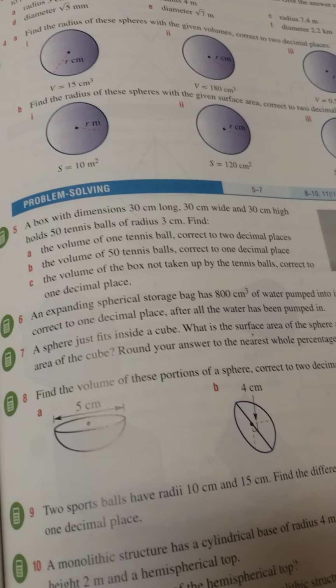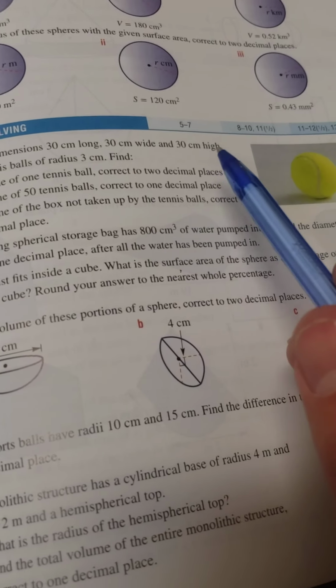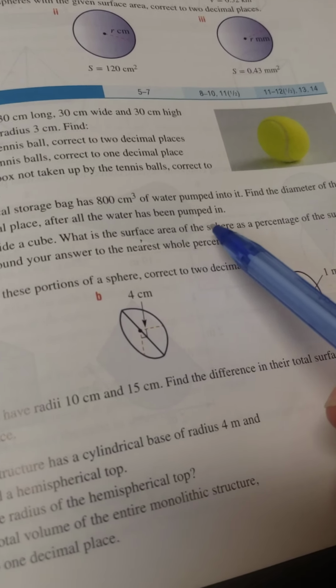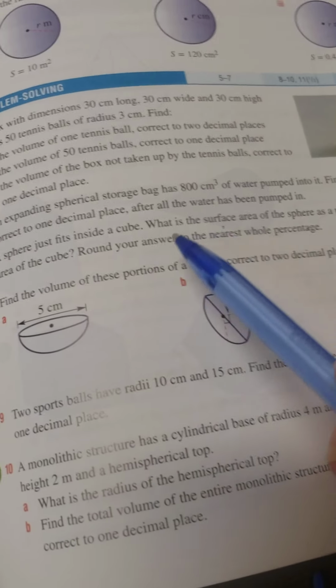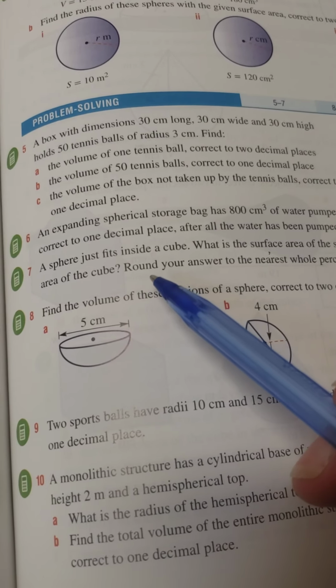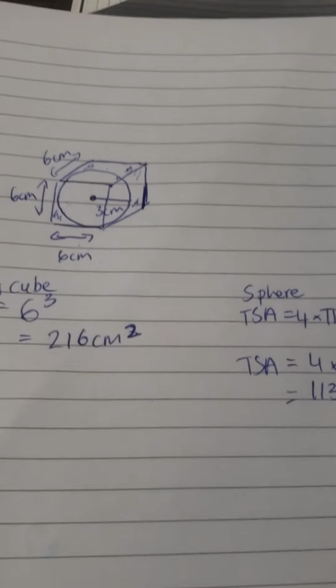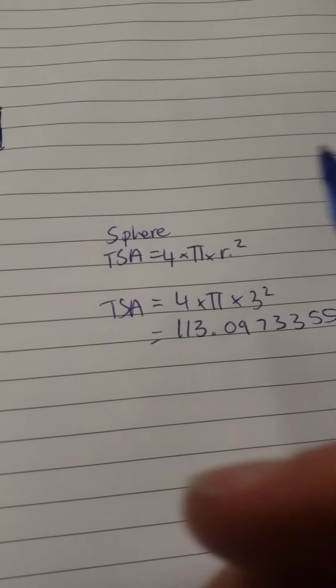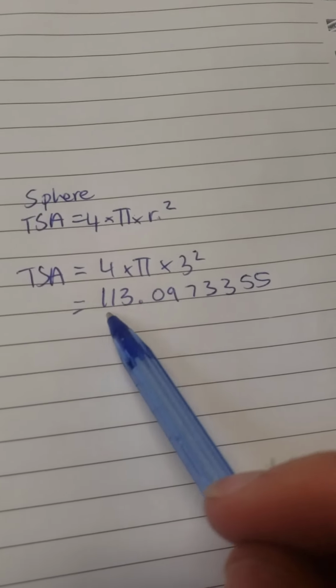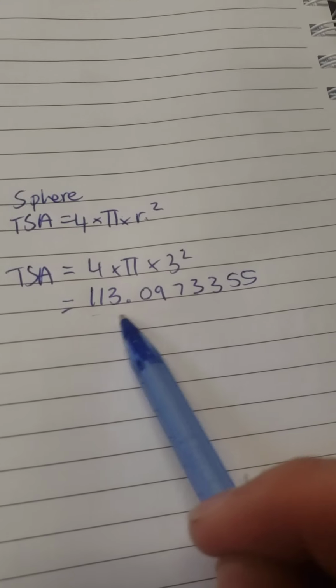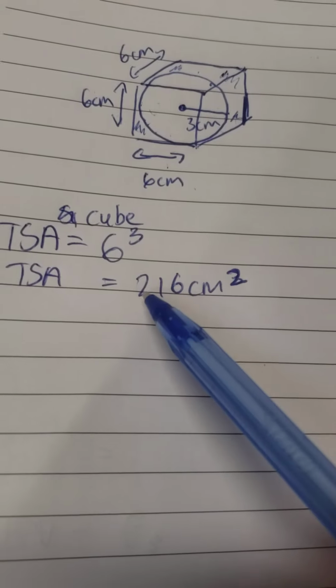Going back to the question, we found the total surface area of the sphere and the total surface area of the cube. What is the surface area of the sphere as a percentage of the surface area of the cube? It wants to know the percentage of the sphere compared to the cube.